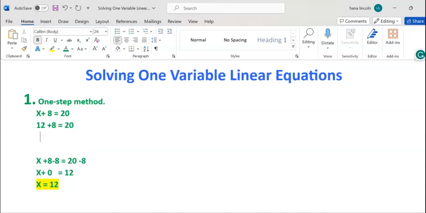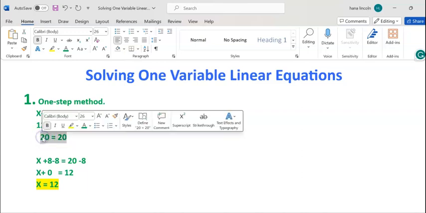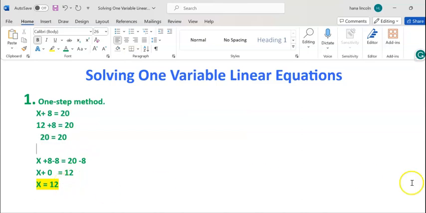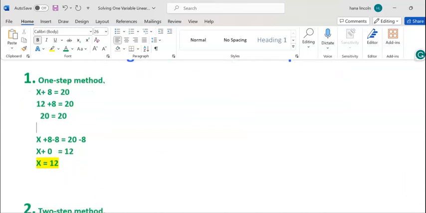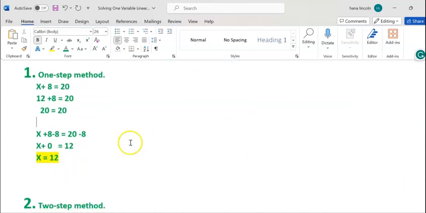Now you see 12 plus 8 is 20. Type in equal and bring this 20 down. So you can prove that 20 equals 20. The value on the left and the right are the same. Both are 20. That way you can prove the value of x is 12. This is one method of solving a one variable linear equation.